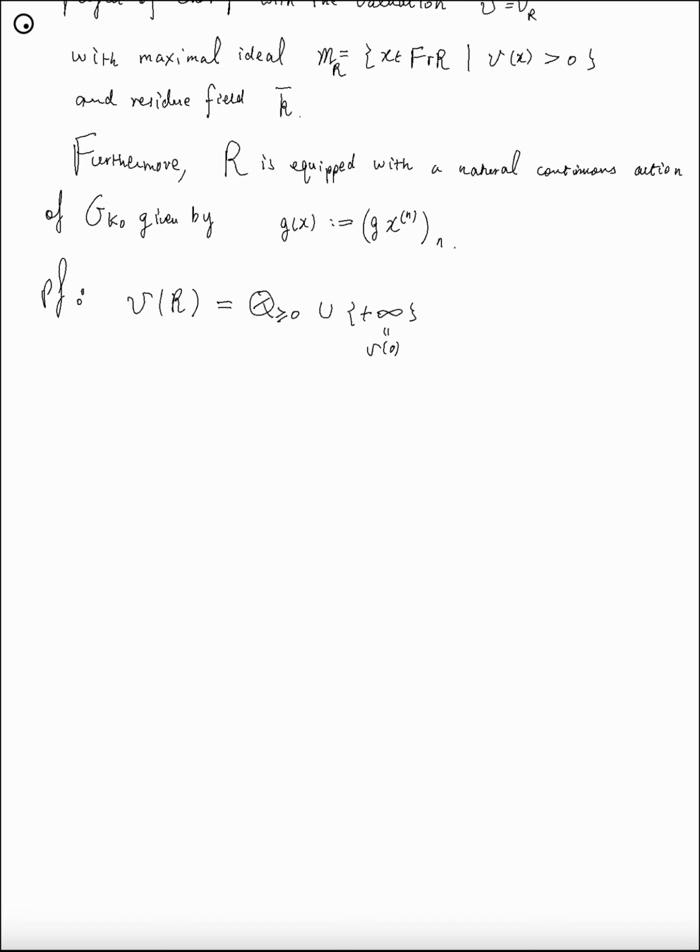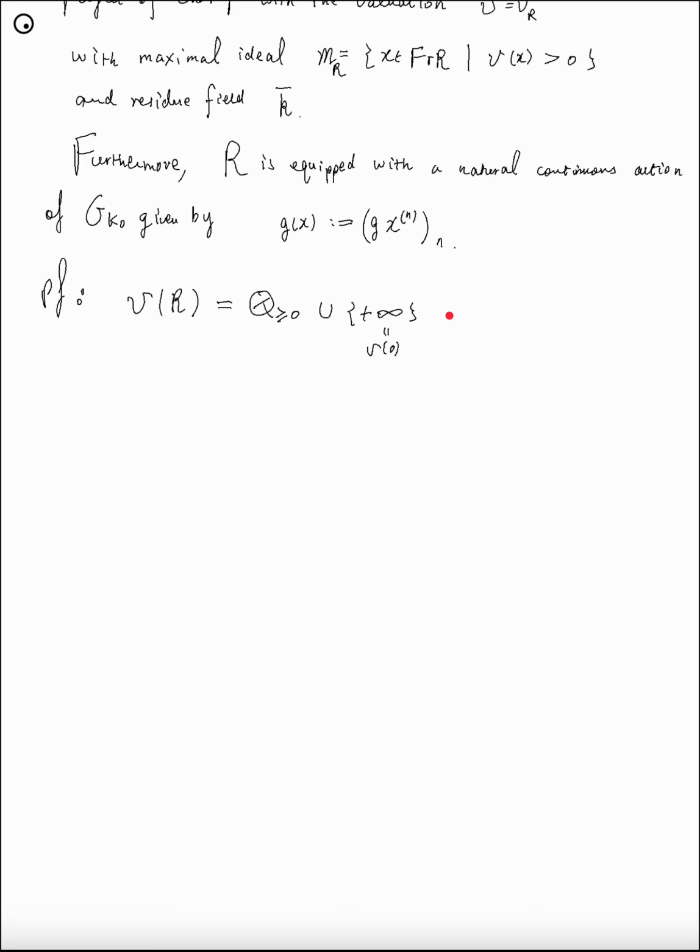When you're taking p-th roots of unity, you get those rational valuations.